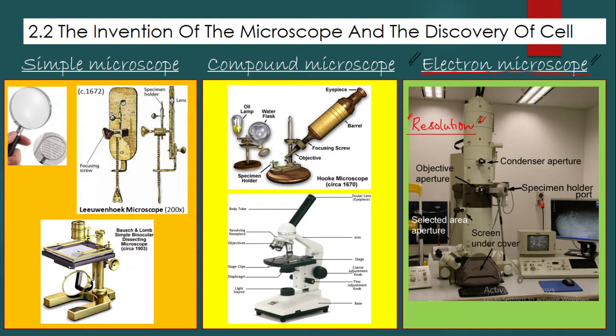We are able to go much more into the details using the electron microscope. This will be in nanometer scale. The source of the light for the electron microscope is the electron beam.